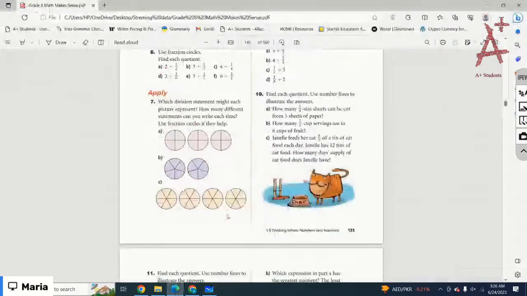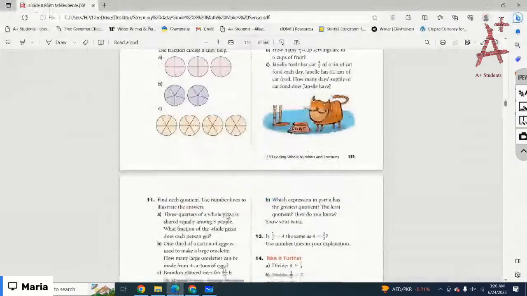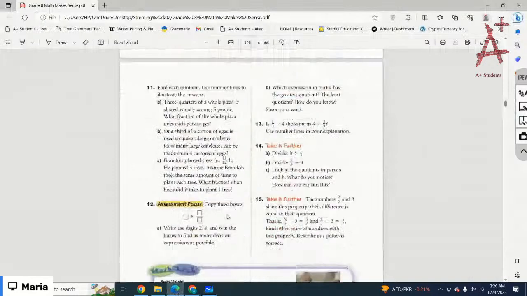Okay, let's look at the question number 11. Find each quotient. Use number lines to illustrate the answer. 3 quarters of a whole pizza is shared equally among 5 people. What fraction of the whole pizza does each person get? So you have to divide 3 by 4 among 5.